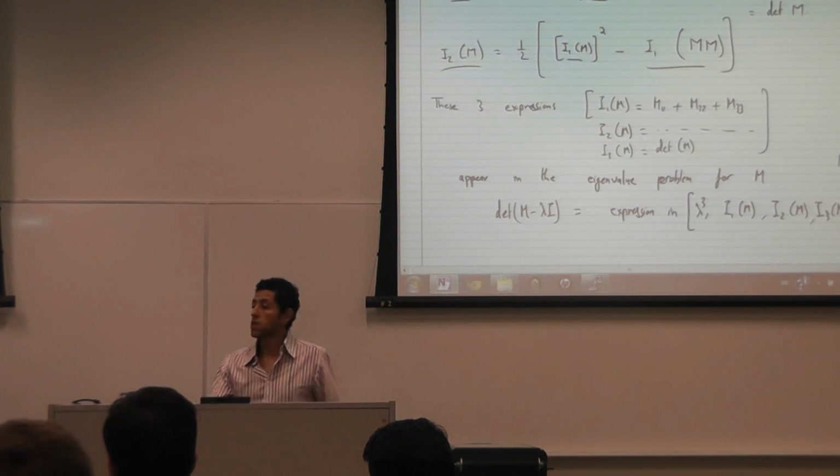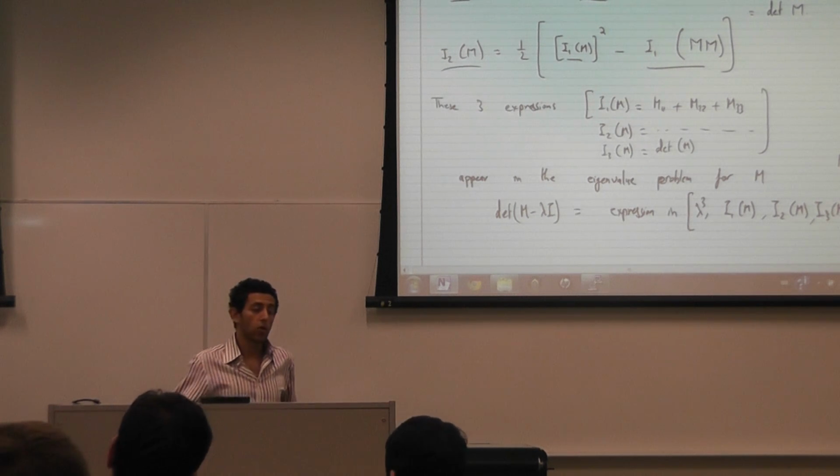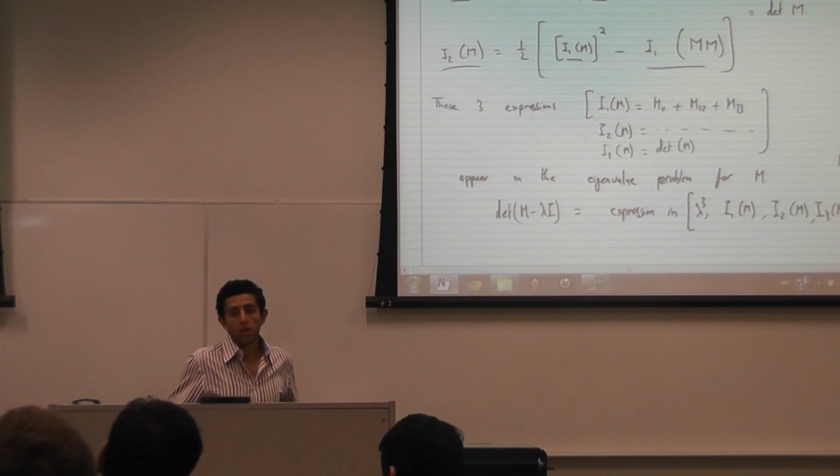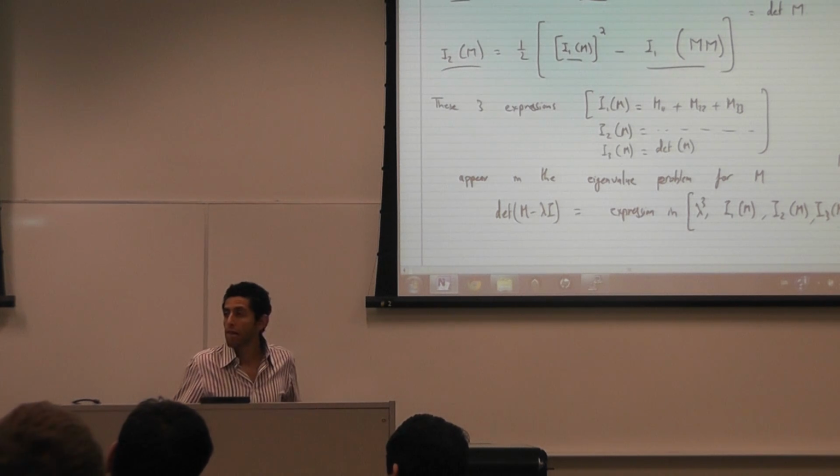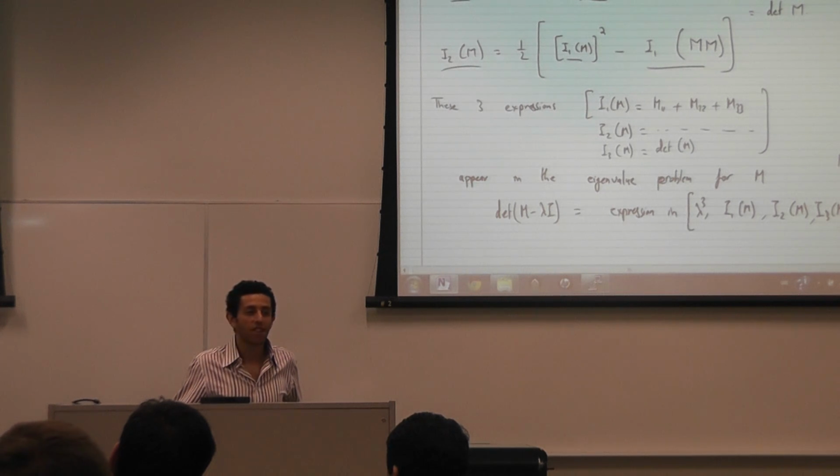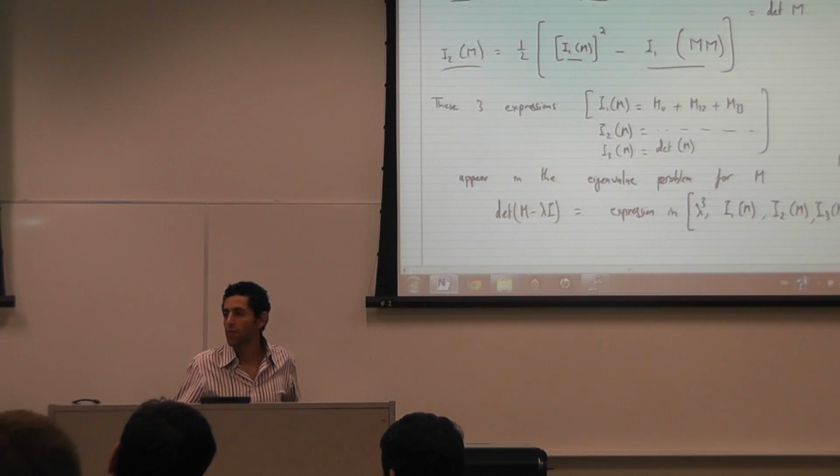And since these expressions do not depend on the coordinate system, what does this mean? That's the last thing. If I get the same equation independent of the coordinate system, it means that the solution to this equation will not depend on the coordinate system, which means that the eigenvalue is not dependent on the coordinate system.